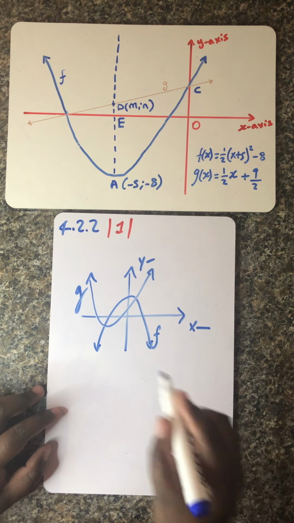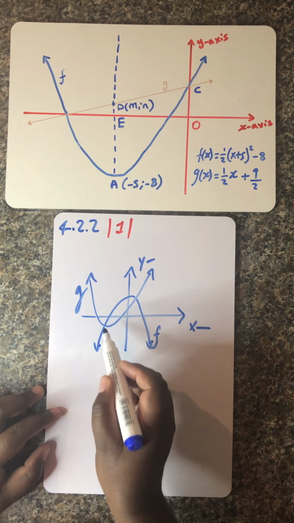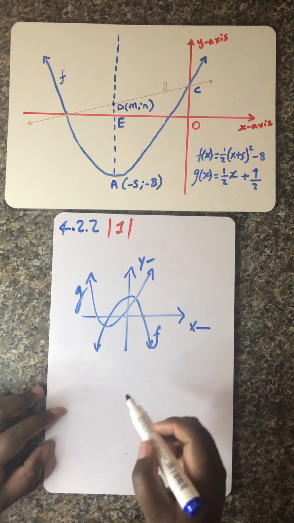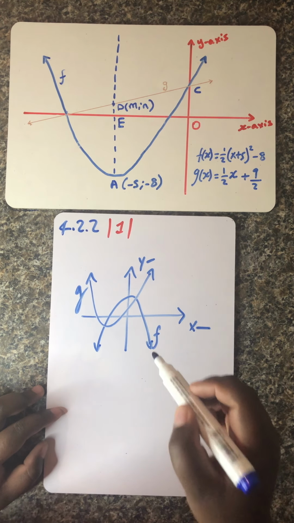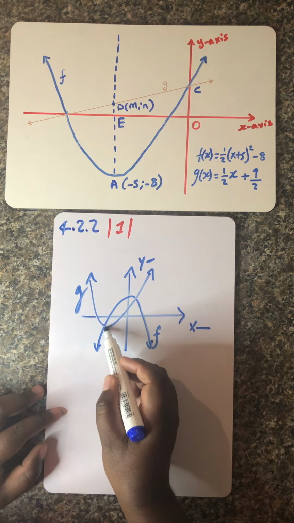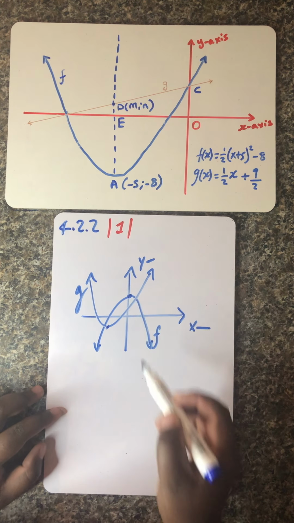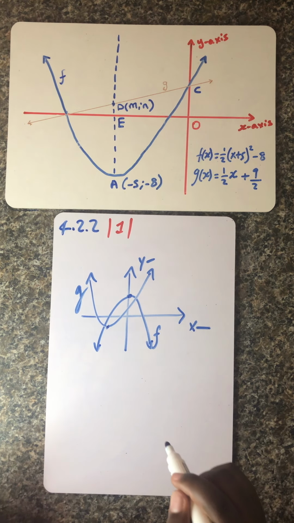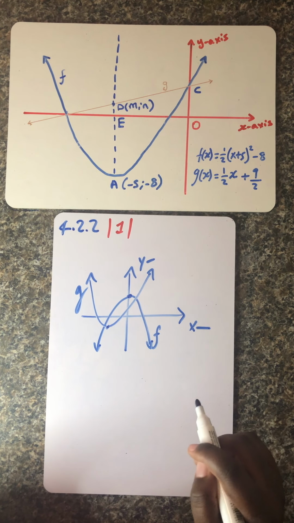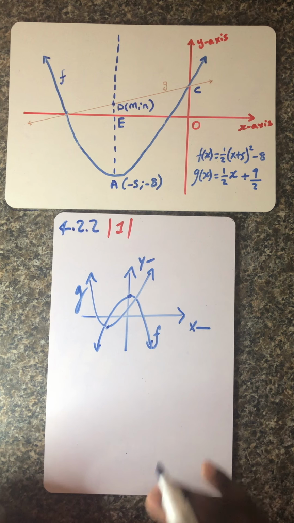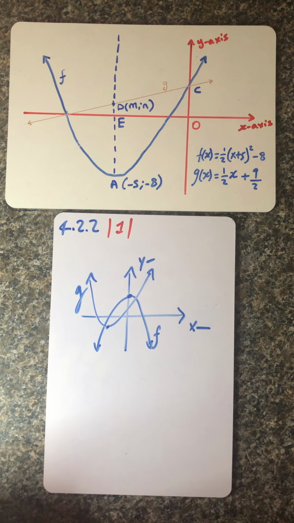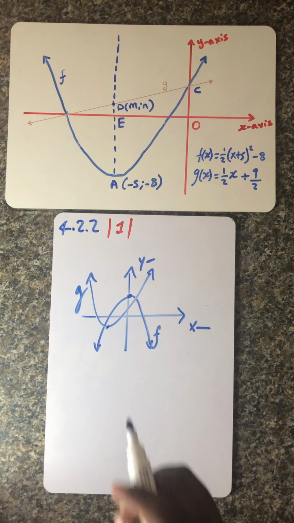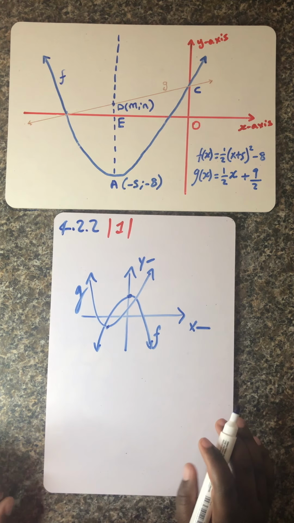Okay, so guys, for you to be able to write the range of a particular graph, you should know the turning point. Please do note this information down. For you to be able to write down the range of a particular graph, you should firstly know the turning point of that graph, especially when you talk of a parabola.